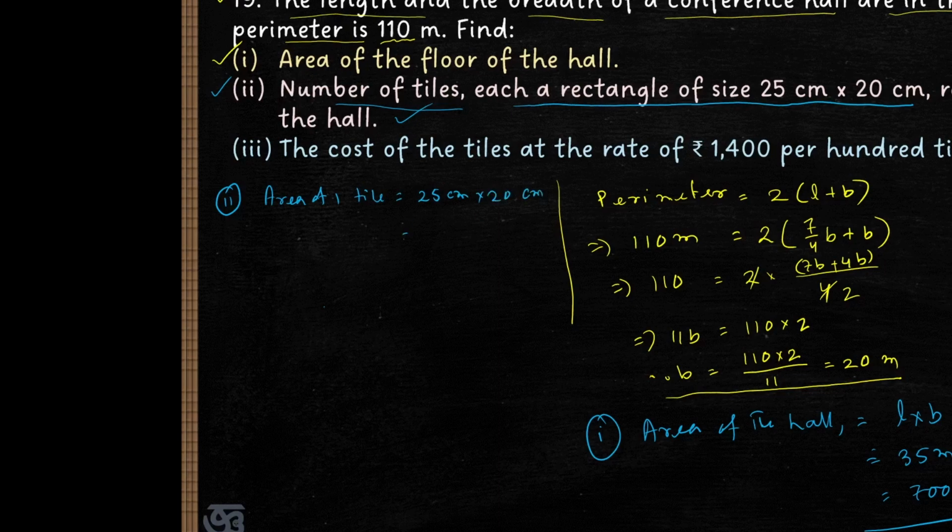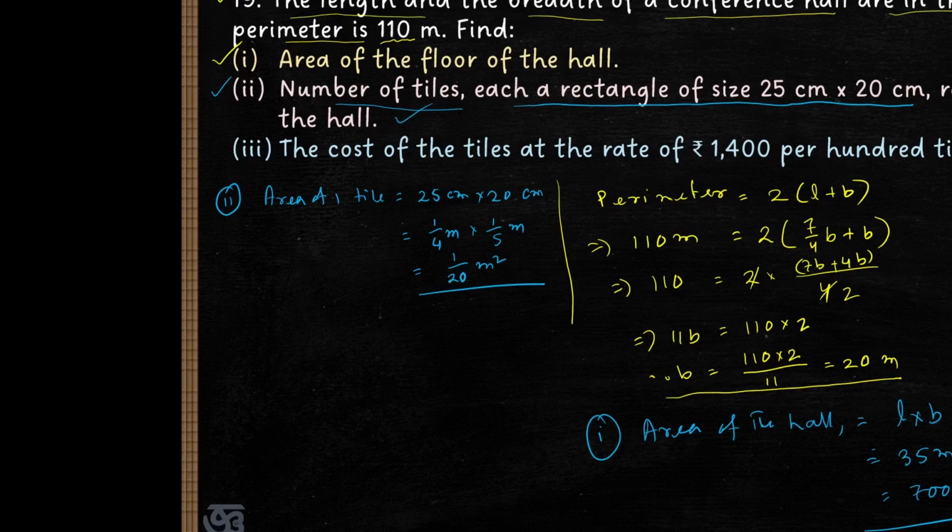So this time we'll do it in fraction. 25 centimeters is 1/4 meter, because 25 divided by 100 becomes 1/4, multiplied by 20 centimeters divided by 100, that is 1/5 meter. So the area is 1/20 square meter.